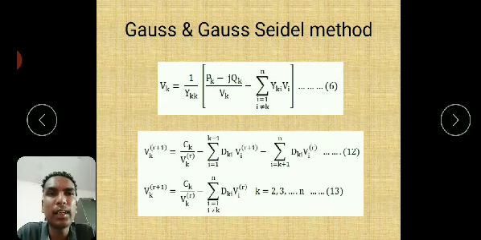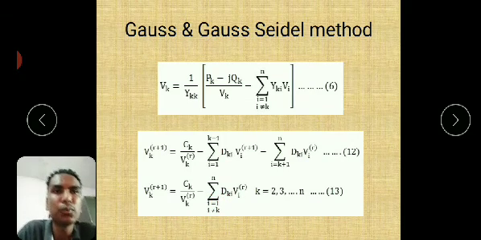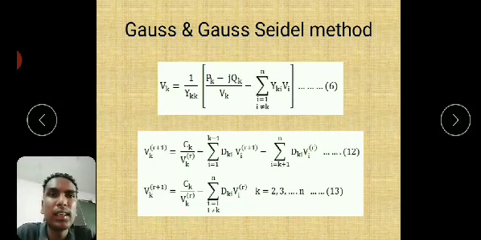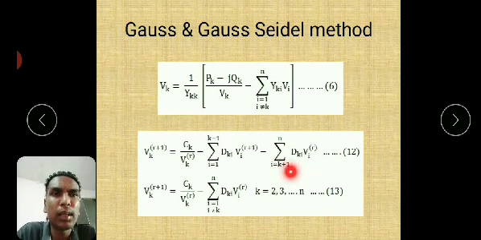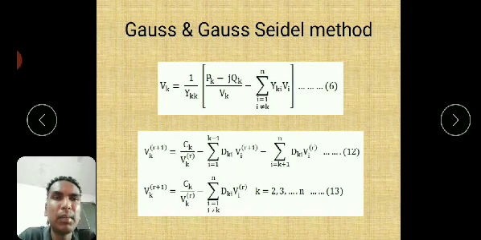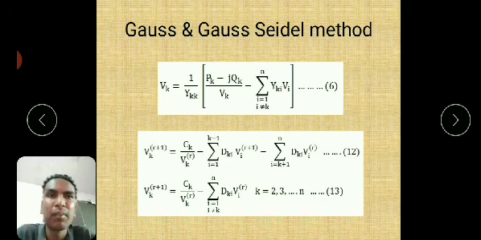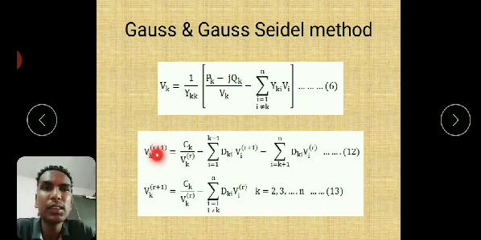We are just dividing the summation part into two parts, which is i equal to 1 to k minus 1 and i equal to k plus 1 to n, where i equal to k is directly excluded, and here this r is the iteration value.